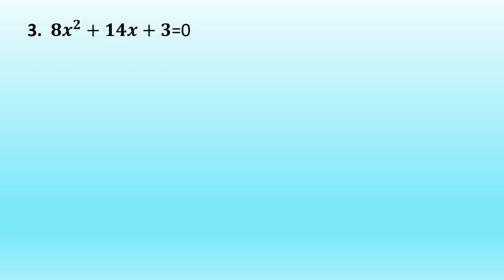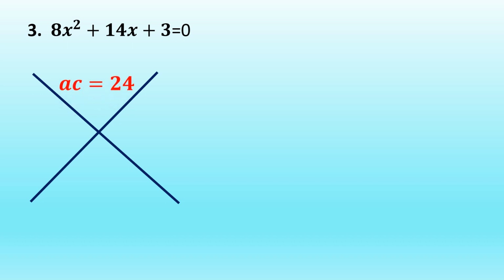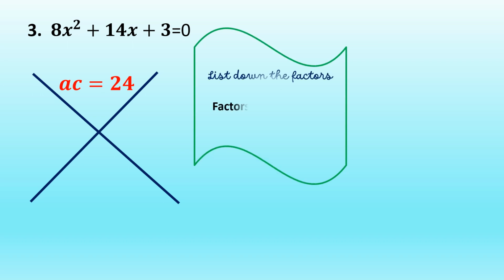Example number 3. 8x squared plus 14x plus 3 equal to 0. The product of a and c is equal to 24. List down the factors of 24. They are 1 and 24, 2 and 12, 3 and 8, and 4 and 6.